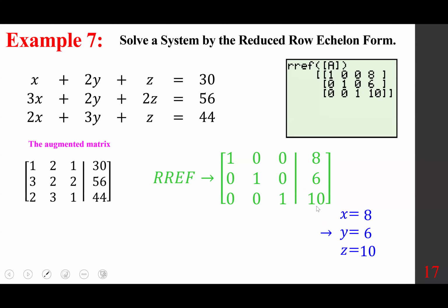And you must check. I can't emphasize this enough. So as an example, again, let me check one of them. X is 8, y is 6, 2 times that, 12, and 8 is 20, plus 10 is 30. So the first one checks. Make sure you check all of them, everybody.